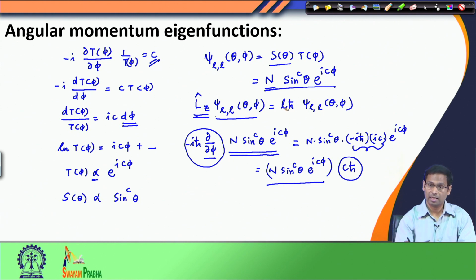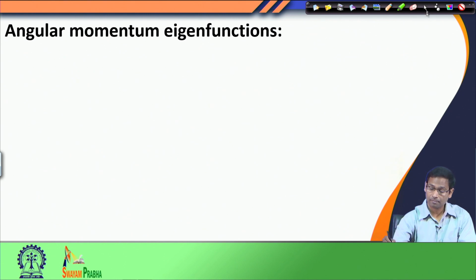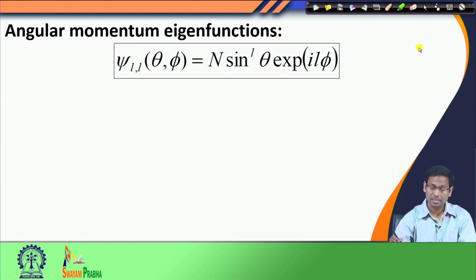Here when I make them equal, you can see c is equal to L. So, since c is equal to L, I can now write the general form of psi L L as N, the constant, sine to the power L theta e to the power i L phi.